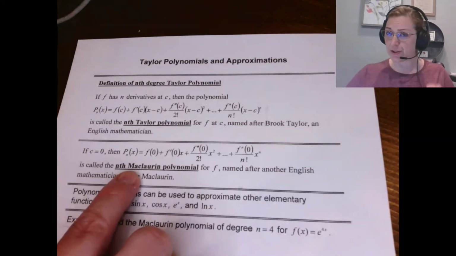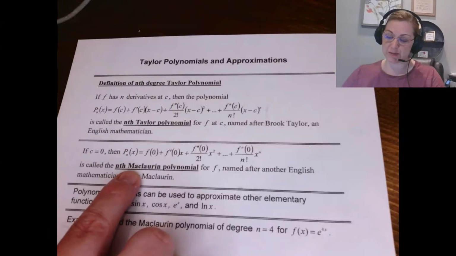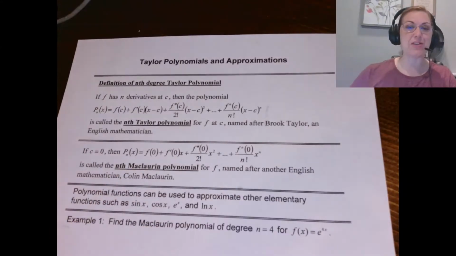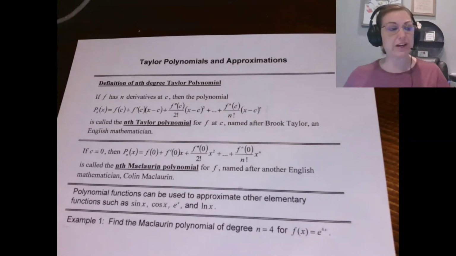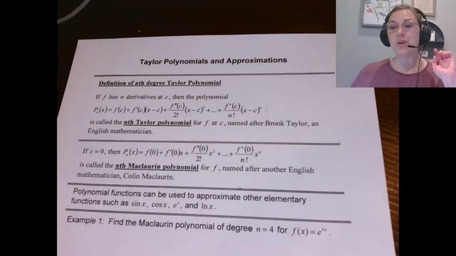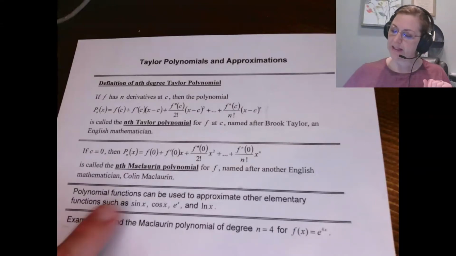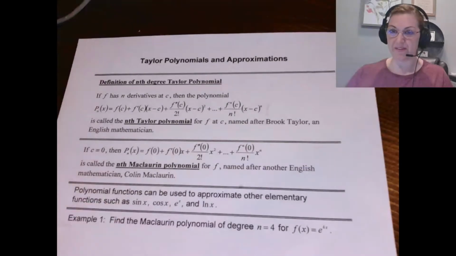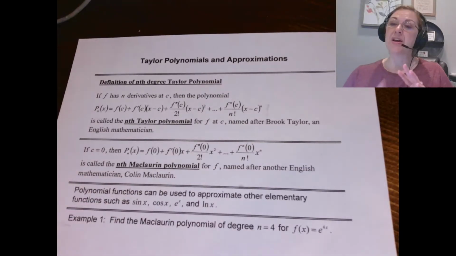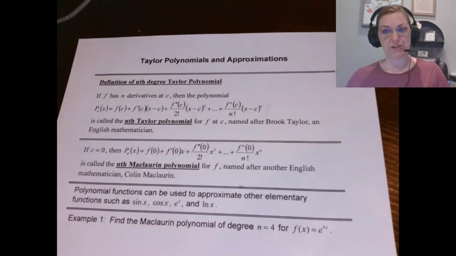If it's centered at 0, then we call it specialized as Maclaurin. And it's named after another English mathematician, Colin Maclaurin. Now, these polynomials are used frequently with transcendental functions like e to the x and ln of x and trig functions, sine of x and cosine of x, to get approximations for them.